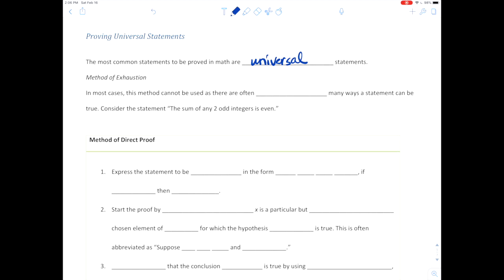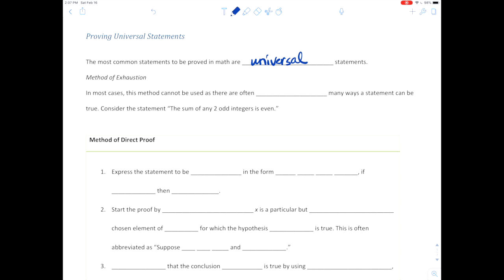So when you prove universal statements, you're not putting in actual members of the set. You're picking arbitrarily chosen elements of the domain. And so what we need to do is we need to name them. So long story short, do not use actual members of a set.